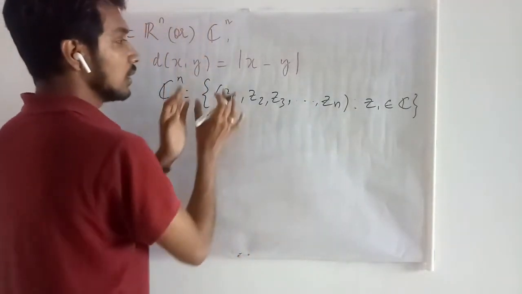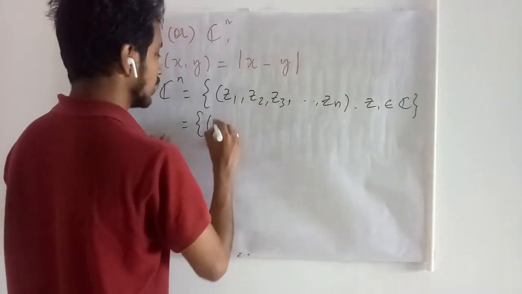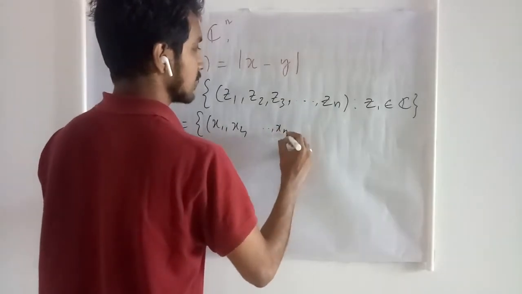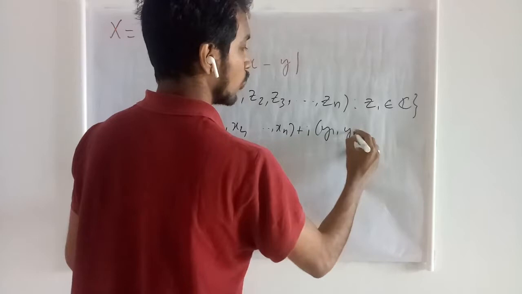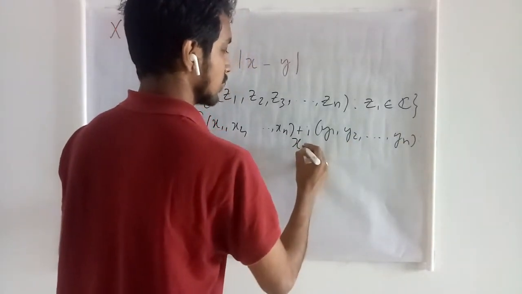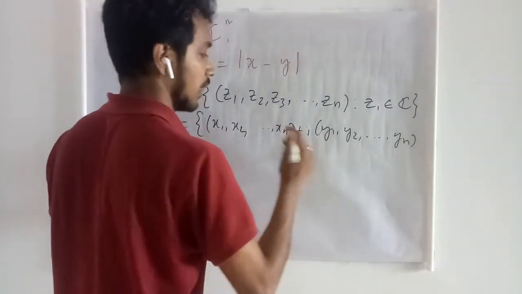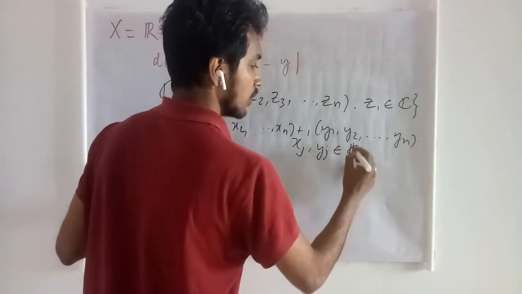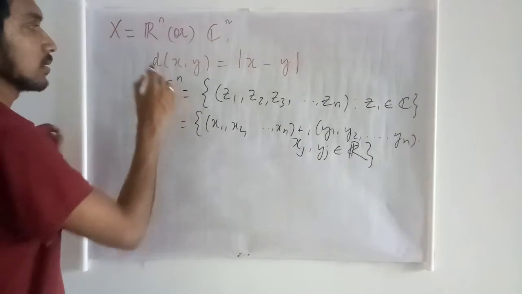If this has to be expressed in terms of real numbers, it will be of the form (x1, x2, ..., xn) plus i times (y1, y2, ..., yn), where xj and yj are taken from the reals.